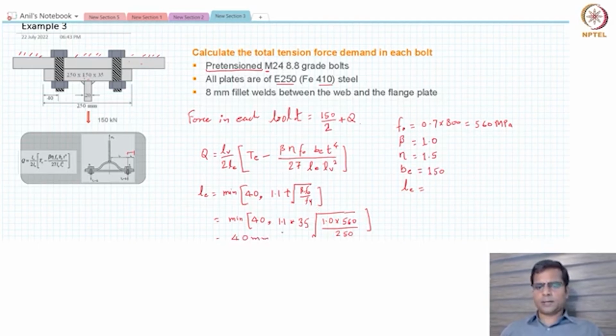The value on the right hand side is equal to 57.6 millimeter. So the minimum of the two will be 40 millimeters. So LE is 40.